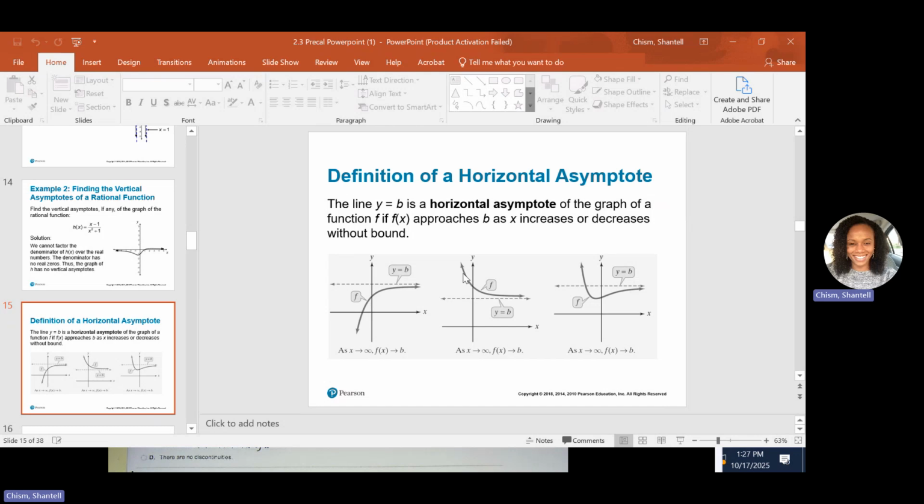And here it's approaching from above. Here it's approaching from below. And even here, where it crossed over the asymptote, but then it flatlined to approach it this way. So in all three of these graphs, we're examining where x is approaching positive infinity, that f of x is approaching that horizontal asymptote b.